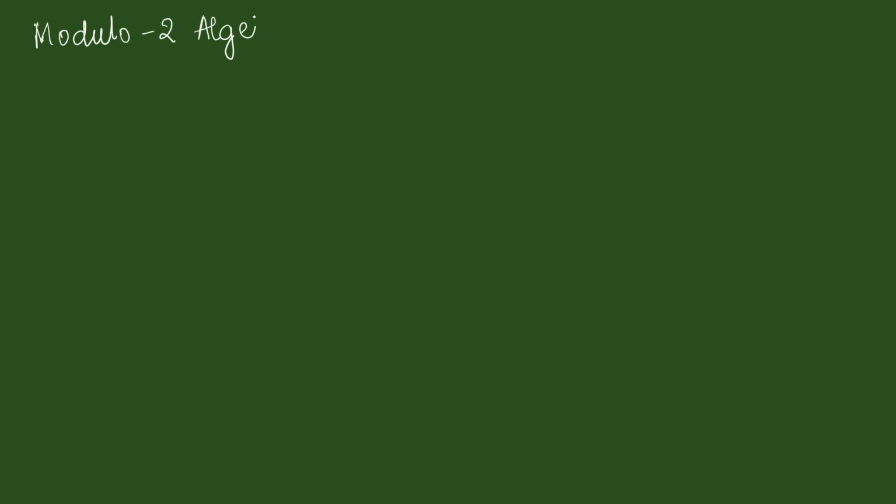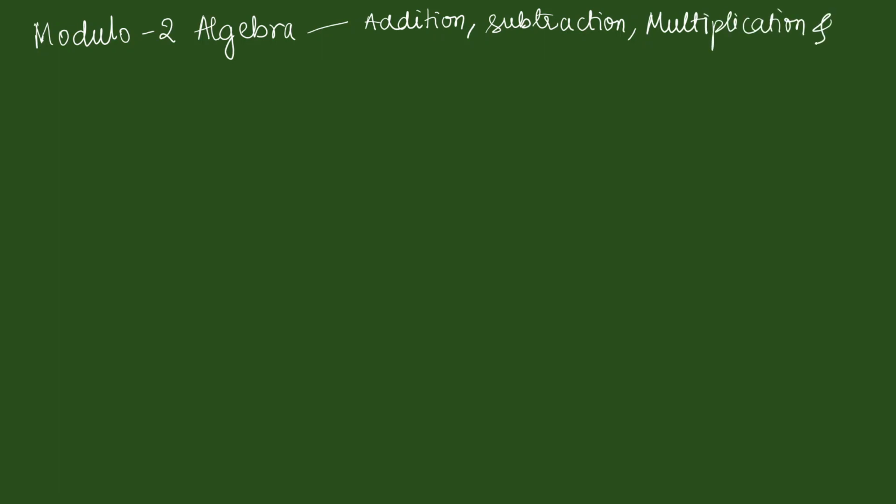We know that in algebra we have basic mathematical operations: addition, subtraction in modulo 2 version, multiplication and division. These four basic operations we will see here.